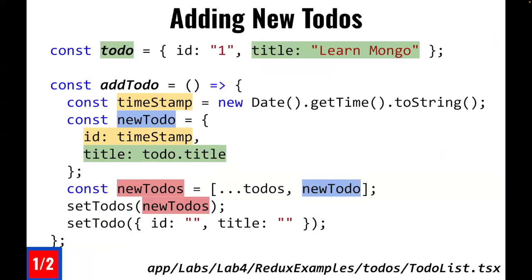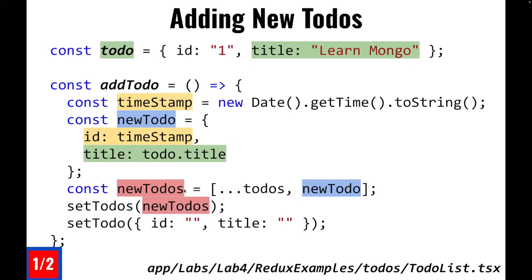All right, so let's do something else. Let's add a to-do. So I'll have a template of a to-do object with a dummy ID or dummy title, right? And in my new addTodo function, I'll create a new timestamp based on a date, and based on a timestamp I'll create a new to-do object with a unique ID and a dummy title, learn Mongo or whatever.